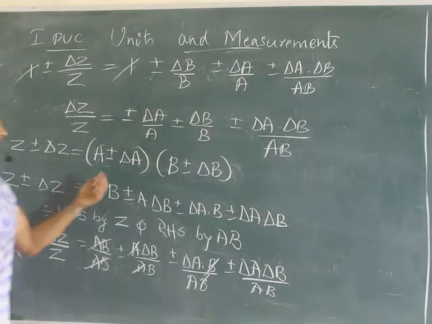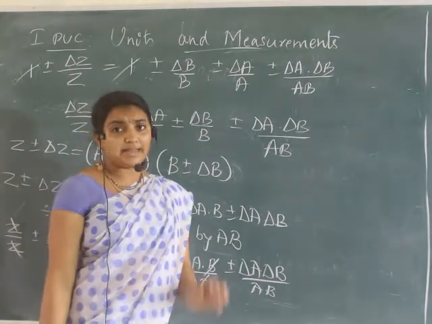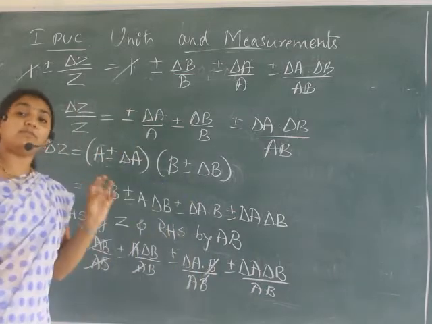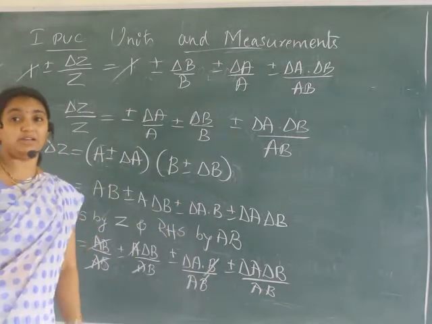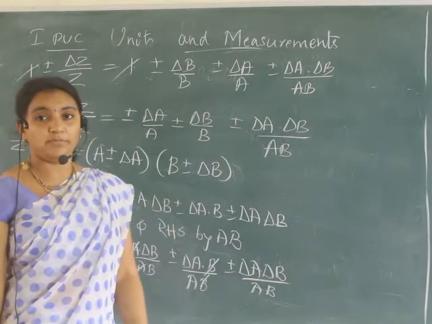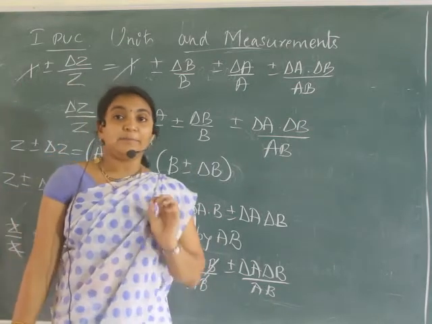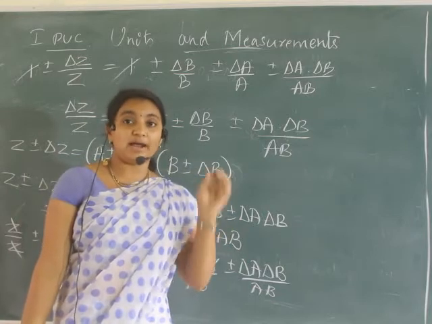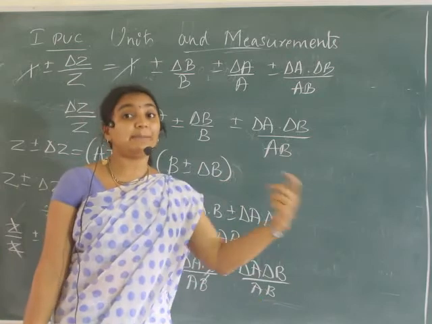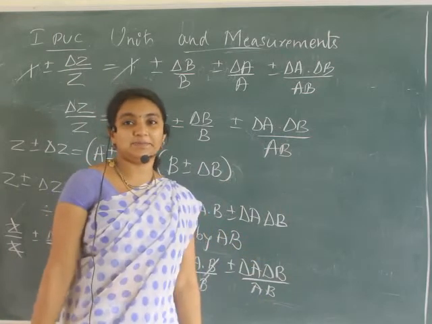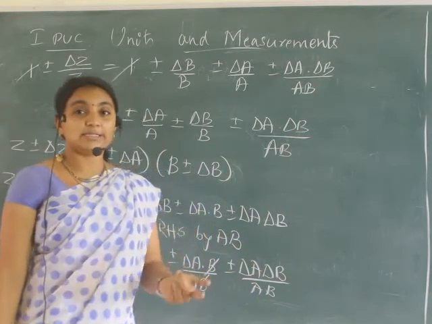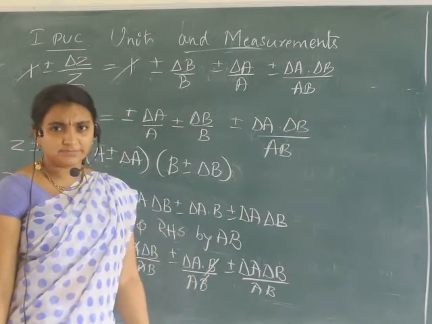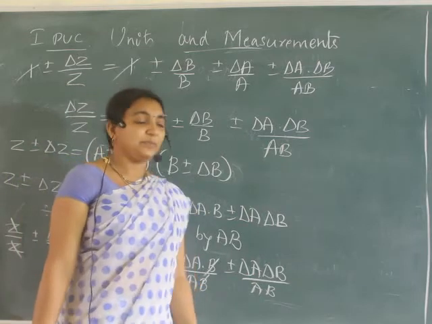See here, delta A and delta B are small terms, 0 point something. A small term multiplied by a small term will give you a big term or small term? Take a calculator. Multiply 0.1 into 0.1. You will get a big number or small number? You will get 0.01. Correct?